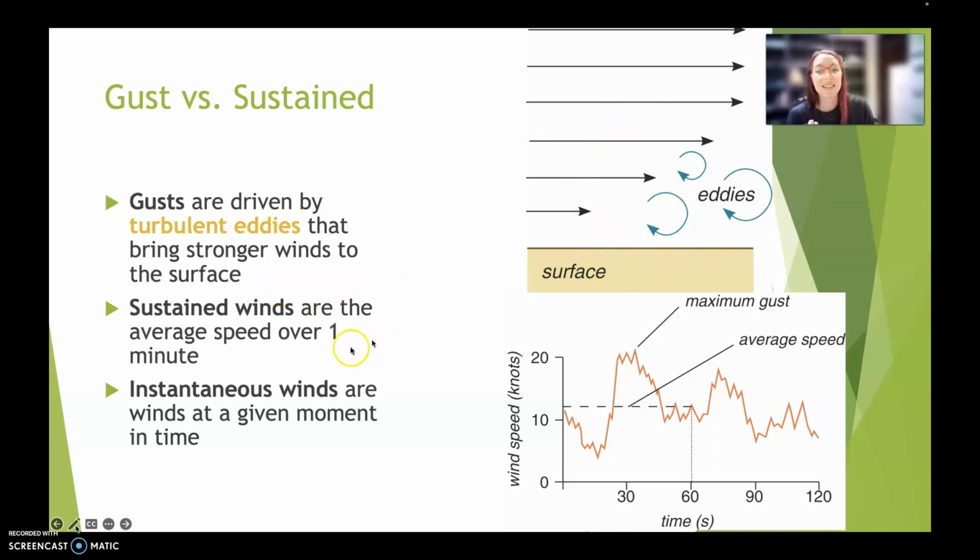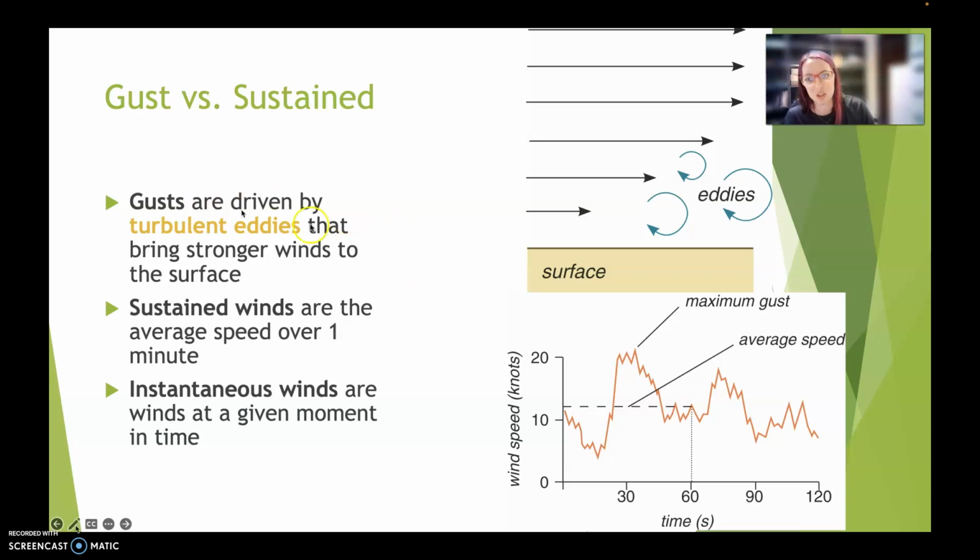Then we have sustained winds, which are the average speed of the wind over 1 minute. And then instantaneous winds are if you were to take a wind measurement at that very instant. An instantaneous wind could be very windy, or it could be not windy at all, right?